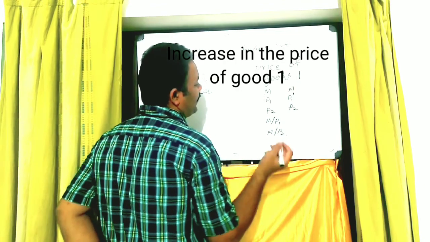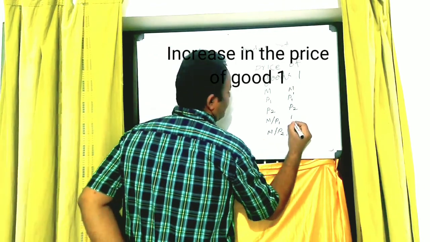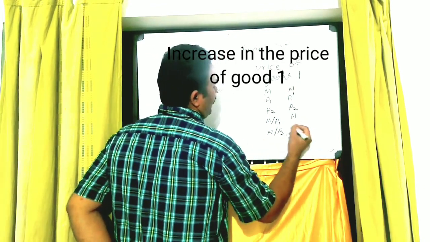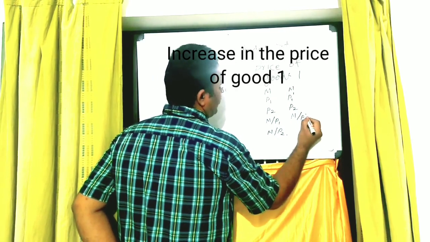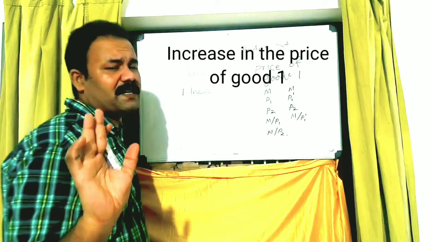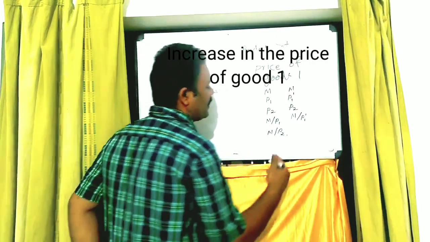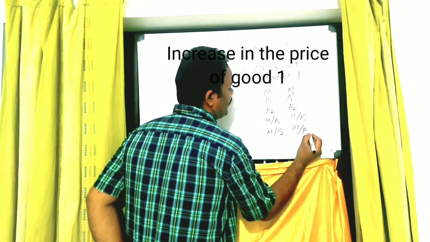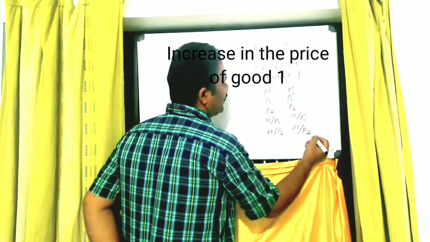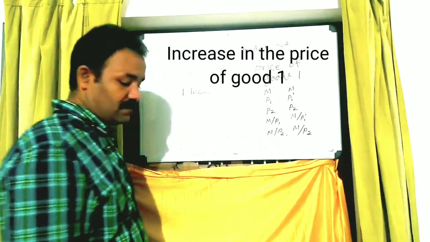Then the horizontal intercept will change from M by P1 to M by P1 dash. There is no change in vertical intercept because there is no change in income or M, or in the price of good 2. So here same M by P2.